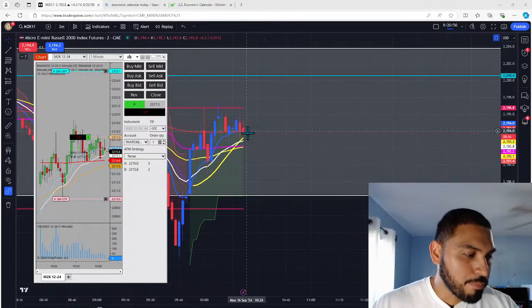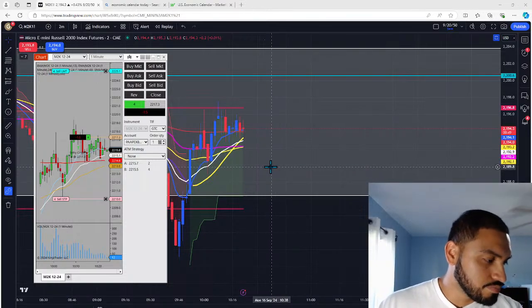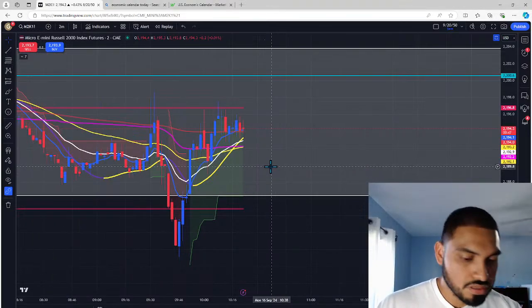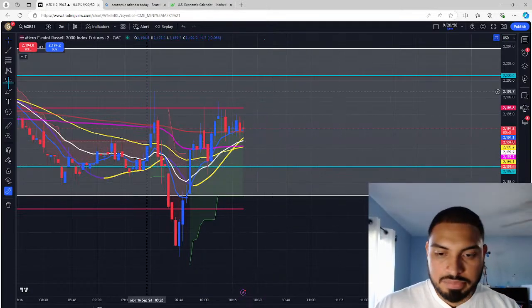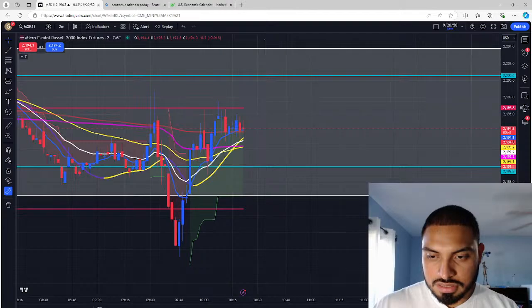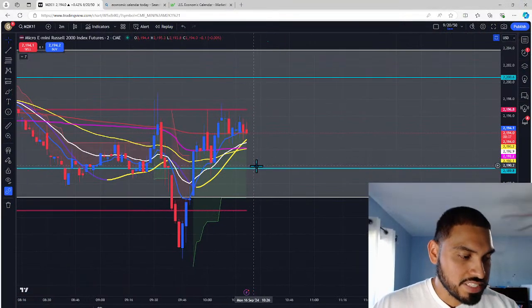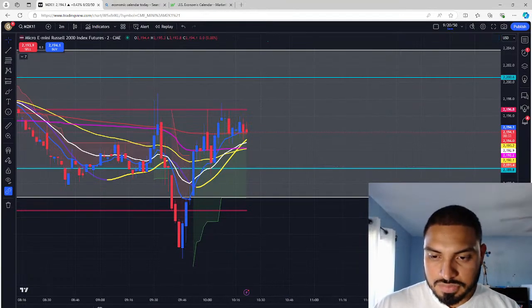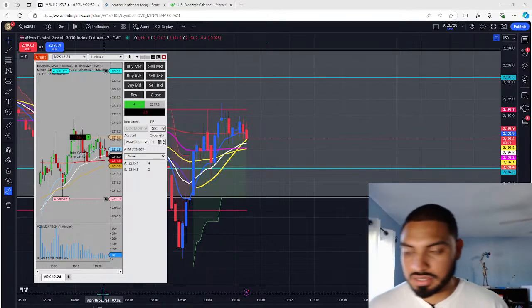Probably I'm gonna have my stop loss around right here. If price action comes down to that, I'm cutting this play. So my TP's right here, stop loss is over there. We're gonna do it an imaginary way.